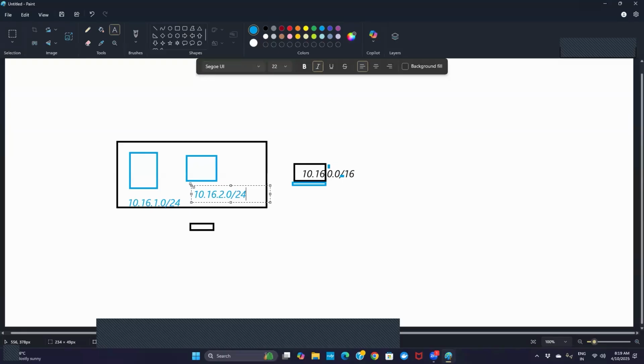What is the n value here? The n value is 32 minus 24, which is 8. So 2 power 8 minus 1 is the number of IP addresses we will get. Calculate that and let me know.